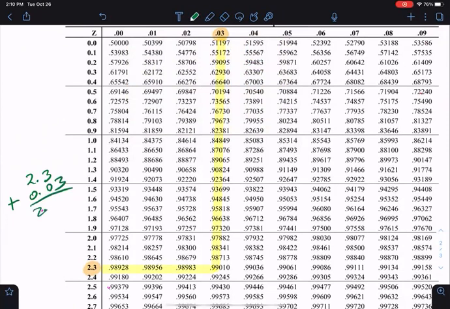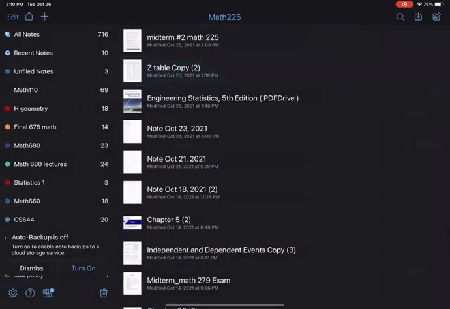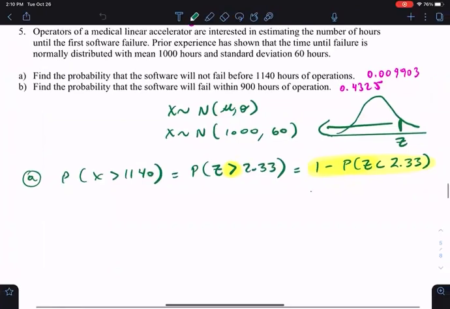That gives you 2.33. If you're confused, okay, that area is 0.9901. So this is 1 minus 0.9901. If you subtract that, you get 0.0099. That's the end of that part.